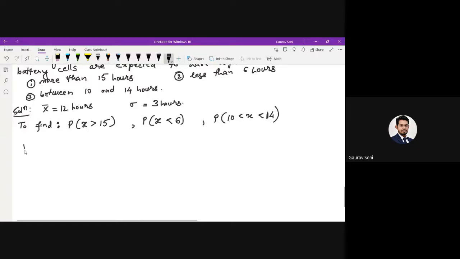So probability of x greater than 15 will be equal to the probability of z greater than 15 minus mu divided by sigma. Why this? Why am I doing this? Sir, it is asked more than, and we need the value for z. Minus mu by sigma. Why so?